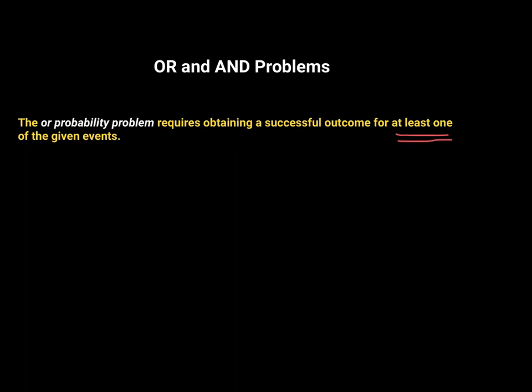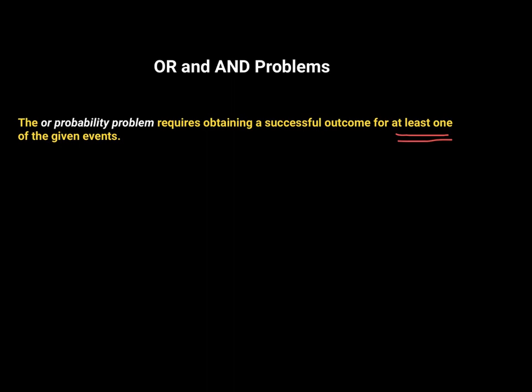For example, if we were interested in determining the probability of rolling an even number or a number greater than 4, rolling either a 2, 4, or 6, which is an even number, or a 5 or a 6, which is a number greater than 4, would be considered successful.